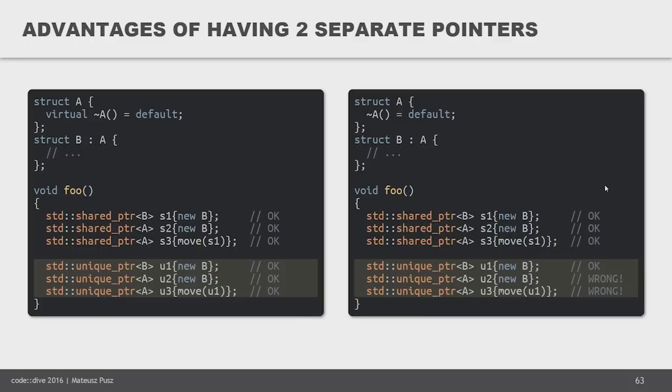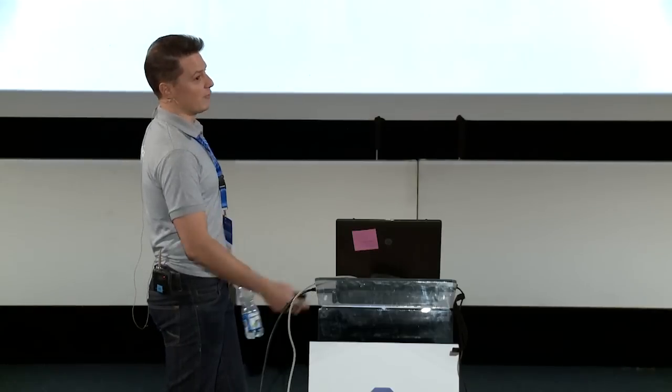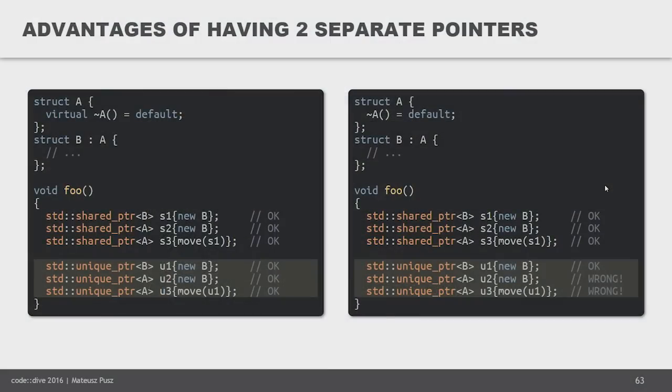Yeah, you can pass it, because, for example, the unique pointer has a converting constructor, so it will convert from B to A because these types are convertible to each other. But when the unique pointer is destructed, you will call the destructor of A. And the destructor of A is not virtual, so it will not call the destructor of B, and you will have a lot of problems with that. So basically it will compile, fine, but will not work.